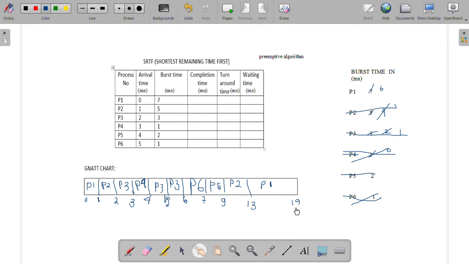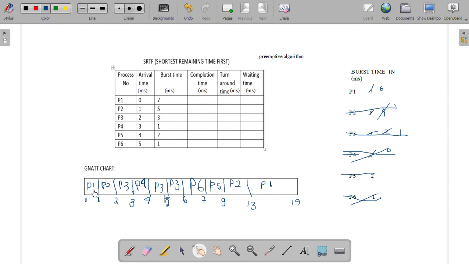So don't make a mistake. What we generally do is look at a glance and decide that process P1 has completed its execution at 1 millisecond. No, please look at the entire Gantt chart and then decide.